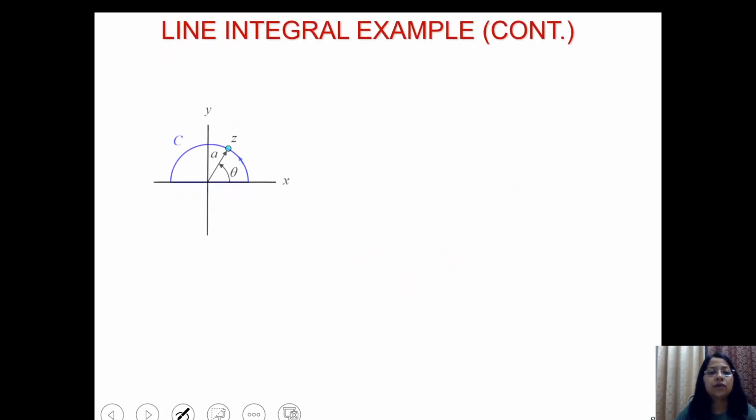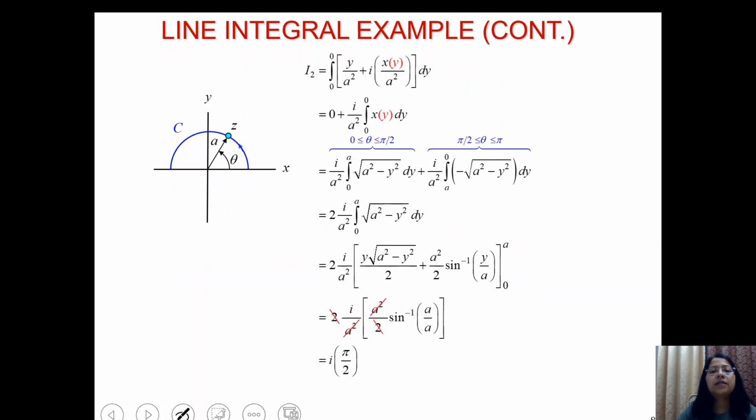Right, so let's have a look at the second integral. The second integral is written like this, 0 to a and a to 0. I've already told you, because y has no other path, right? It is moving from origin to this end, and then this end to here. This end is also a, right?